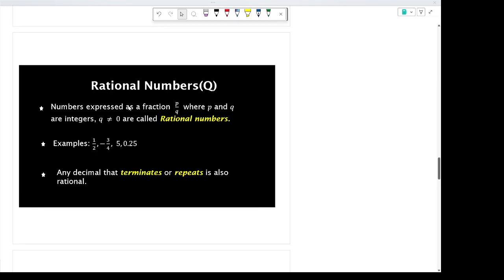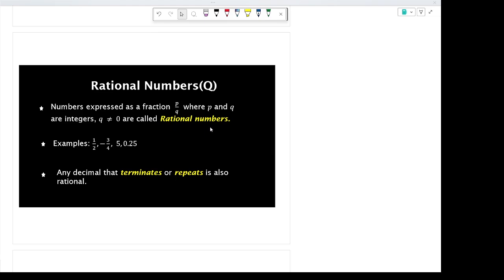Next, we'll be looking at rational numbers. Rational numbers are numbers that can be written as a ratio or a fraction, where both the numerator p and the denominator q are integers, and the denominator is not 0.